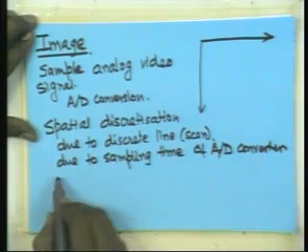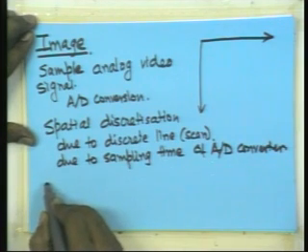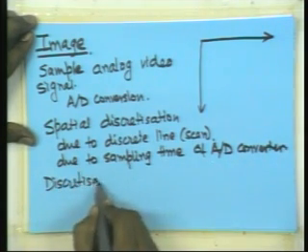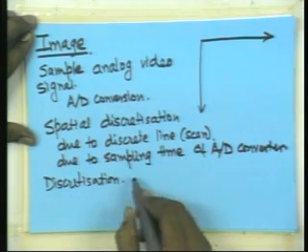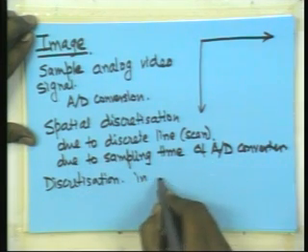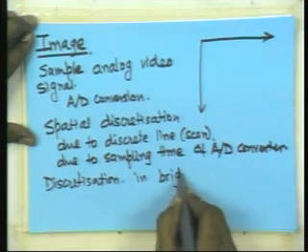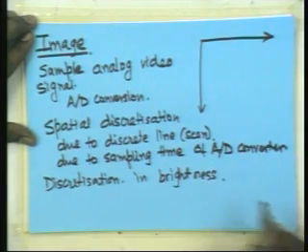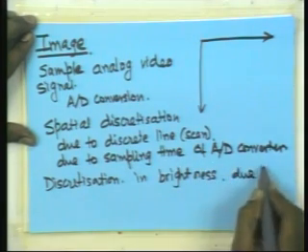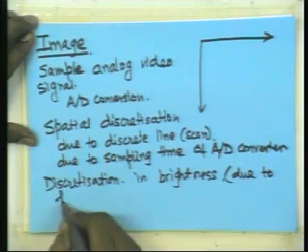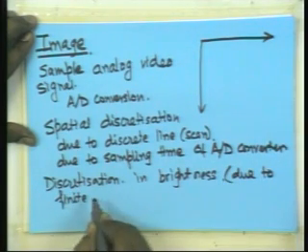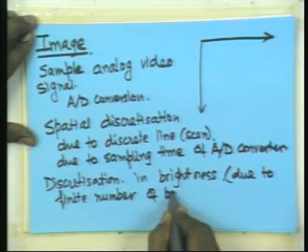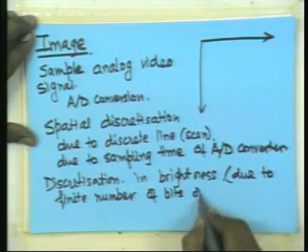You also have discretization in the intensity values, in grayness or brightness, whatever you want to call it. This is due to the finite number of bits of the digital value.